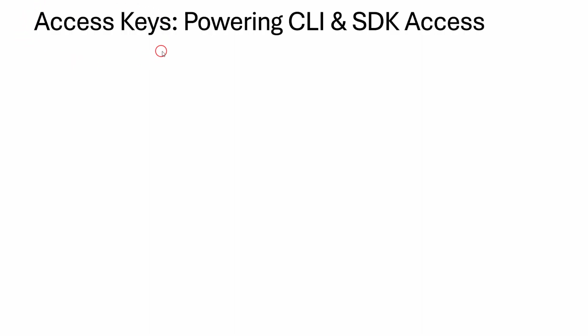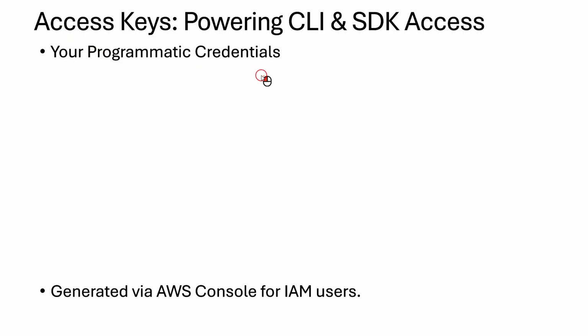So in the case of the management console, it is username and password, but in the case of CLI and SDKs, we call them access keys. Now, how do the CLI and the next method, the SDK, get access? They use access keys, obviously. Okay. So these access keys are nothing but your programmatic credentials.